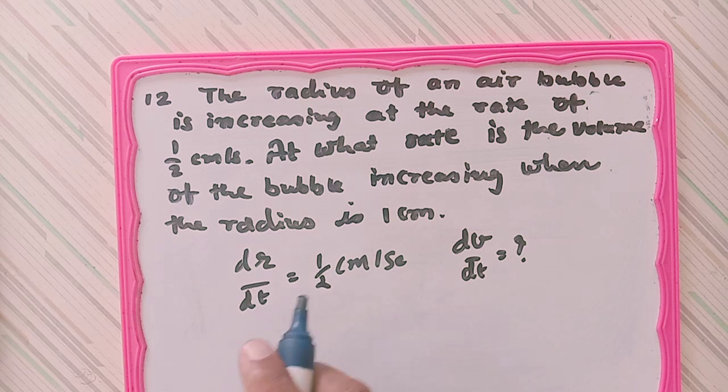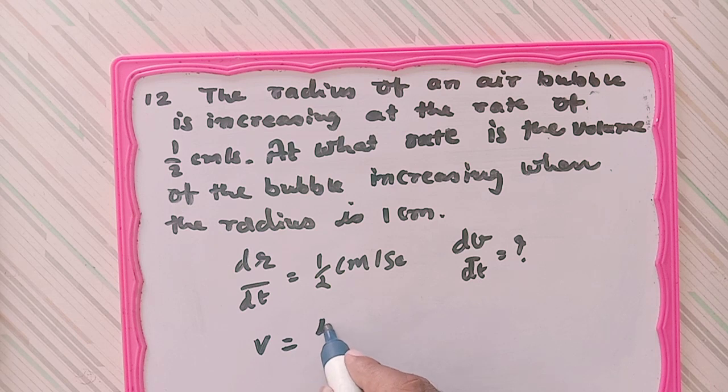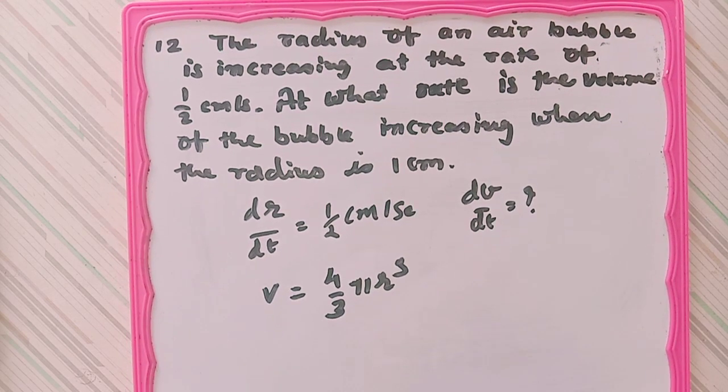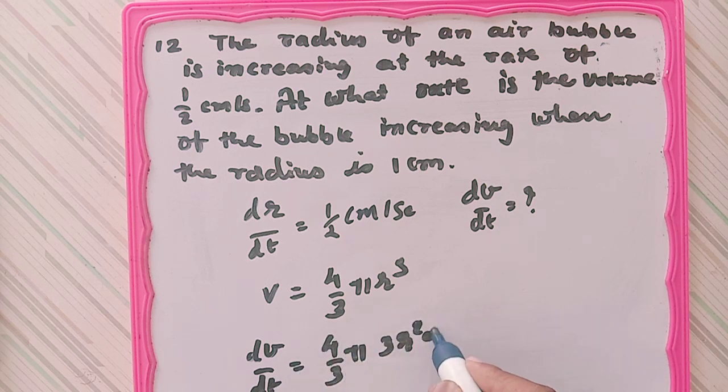Now the air bubble is spherical, and so volume of sphere is 4 by 3 pi r cube. So its differentiation with respect to time t, then dv by dt is equals to 4 by 3 pi 3 r square dr by dt.